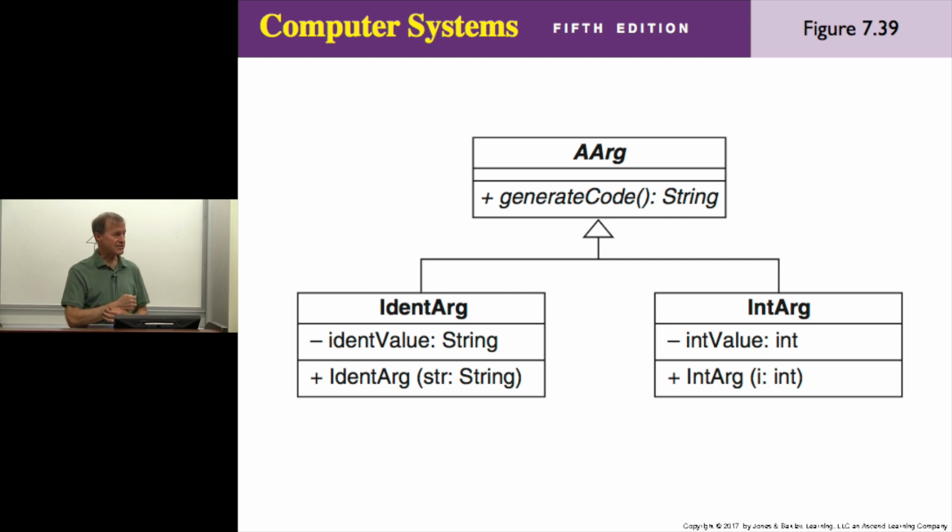A constructor, exactly. So when we do the new one, and we give it a string, it will set its attribute to that string. And int arg is the same way, only with an integer value. Is everybody clear on this? And that's because we have two different kinds of arguments in the instruction. All right?